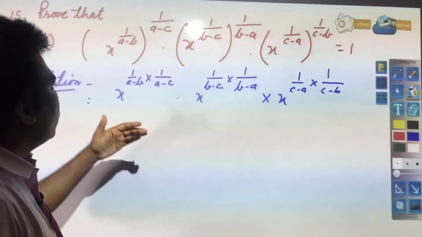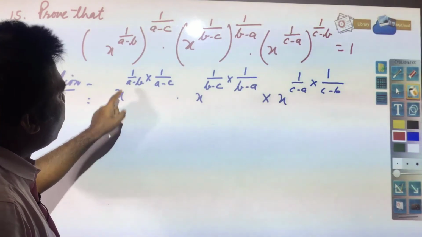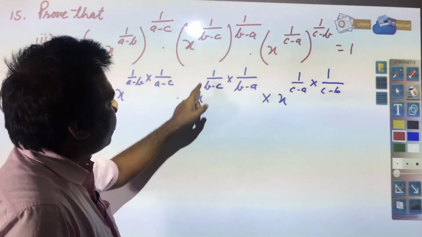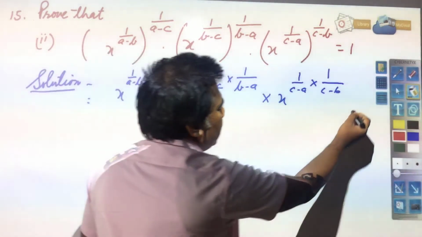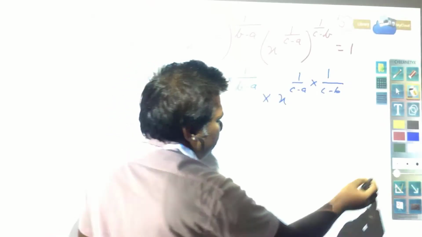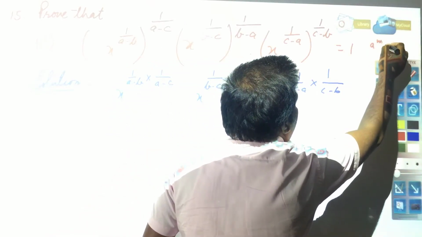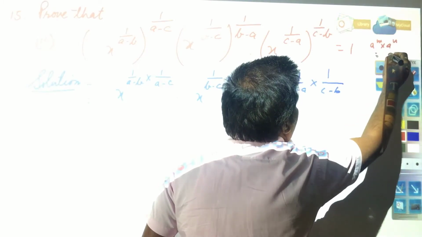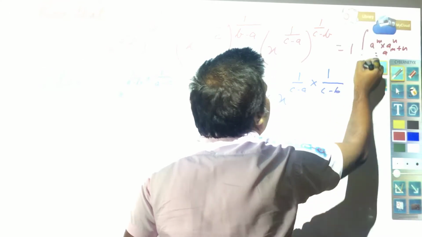What you need to do, formula will be applied, a to the power m into a to the power n is equal to a to the power m plus n. This formula will be applied.